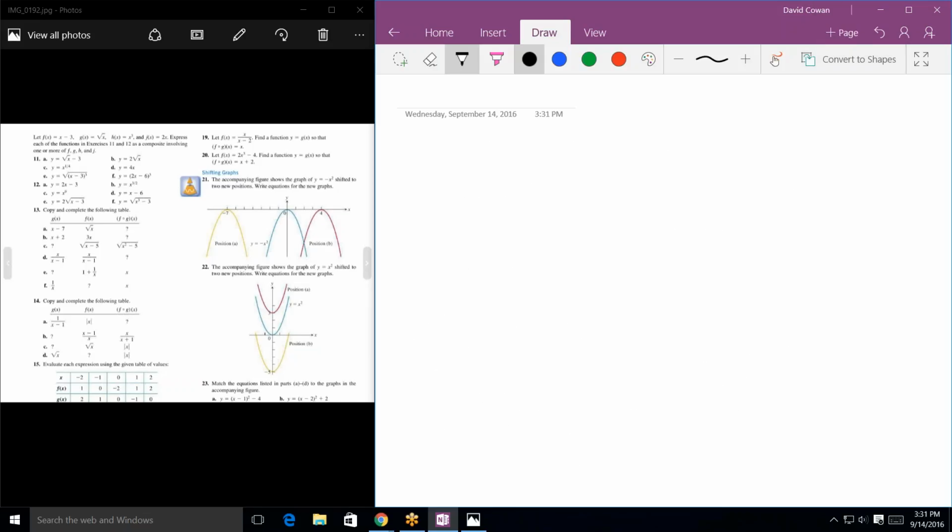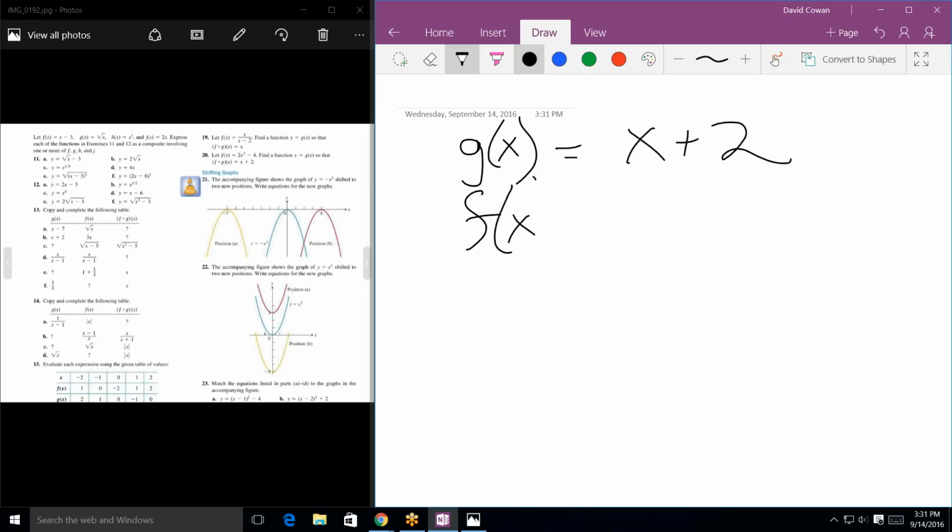Let's look at 13b. These are easier, which leads me to believe that I just haven't done enough of those previous ones to be good at them. Because these are very straightforward here.